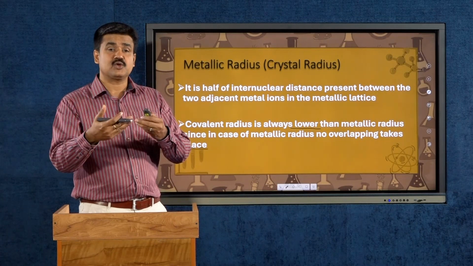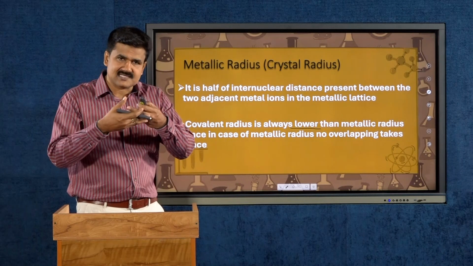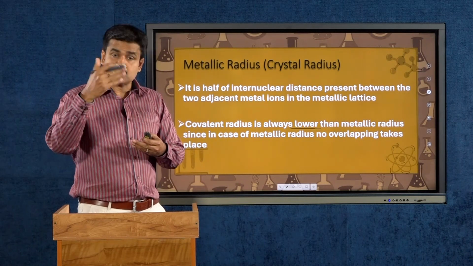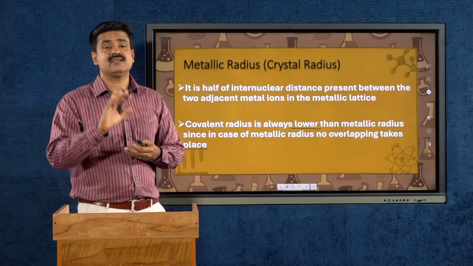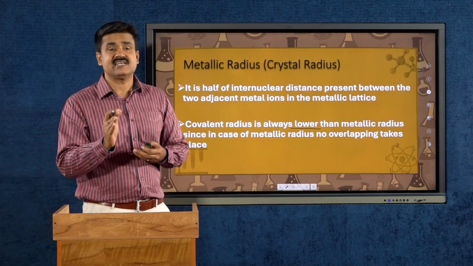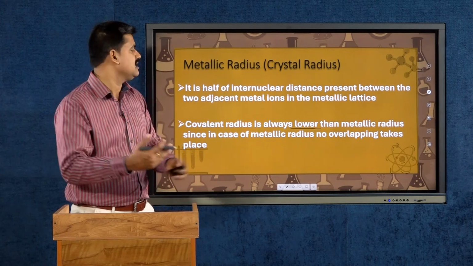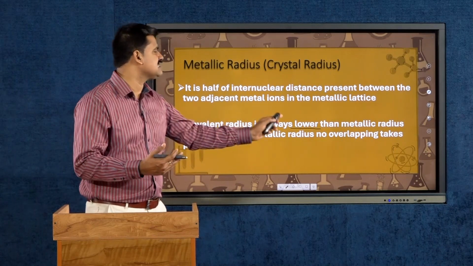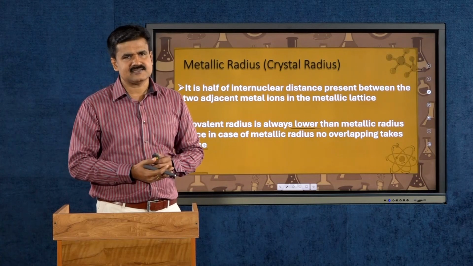As a result of that overlap, the distance between the centers of the nuclei may become closer. However, such overlap is not possible whenever you are dealing with a metallic crystal lattice. So, metallic radius is greater than covalent radius. Otherwise, we can say covalent radius is always lower than metallic radius.